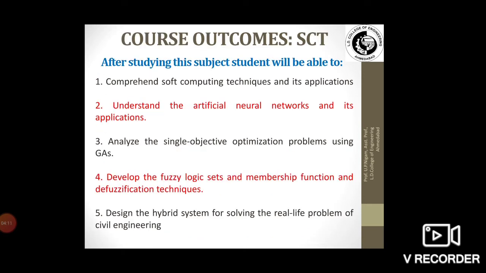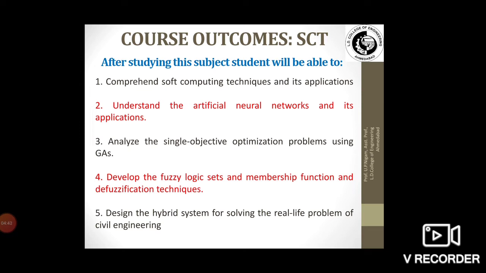These are the course outcomes of soft computing techniques: after studying the subject, a student will be able to demonstrate and comprehend the soft computing techniques and their applications. The second is to demonstrate the artificial neural network and its applications. Here the word understand was used in CO2, course outcome number 2, but now it has been replaced by demonstrate.